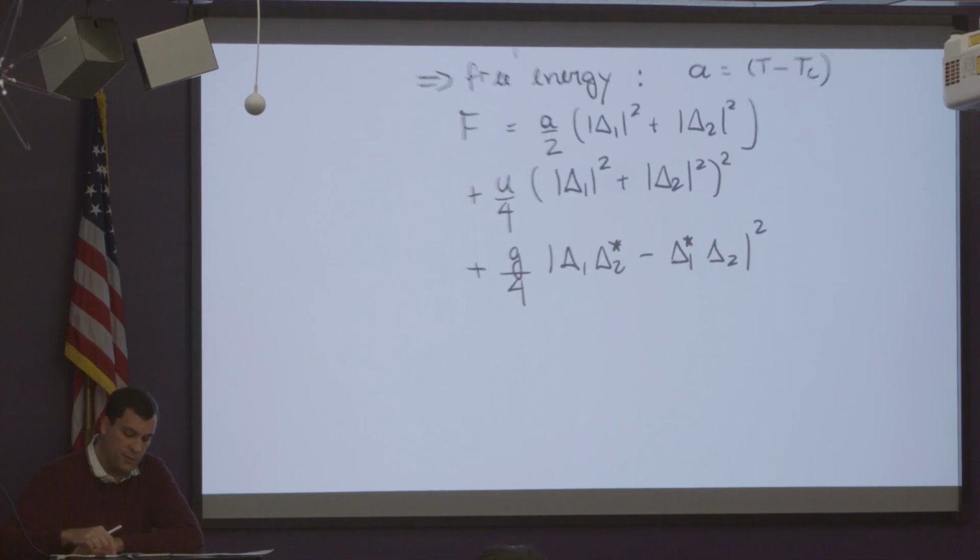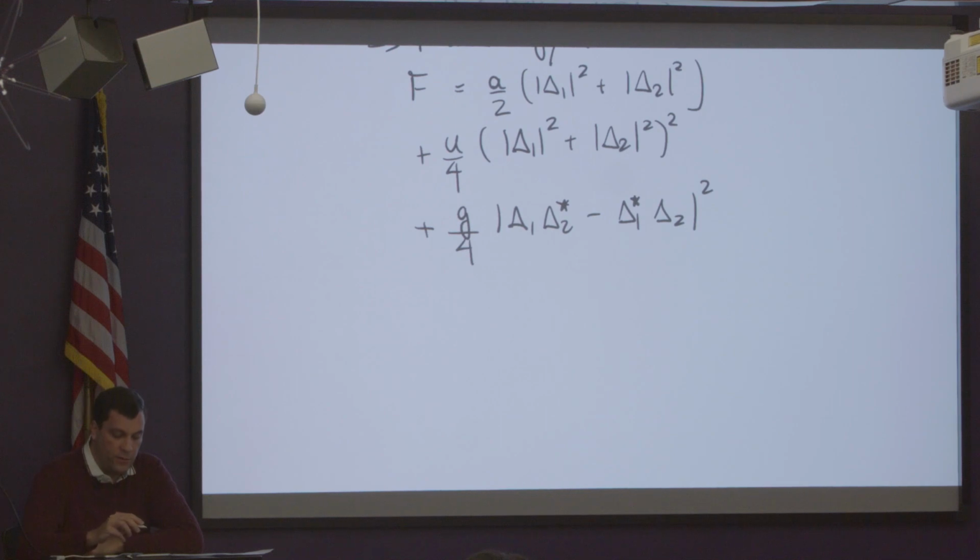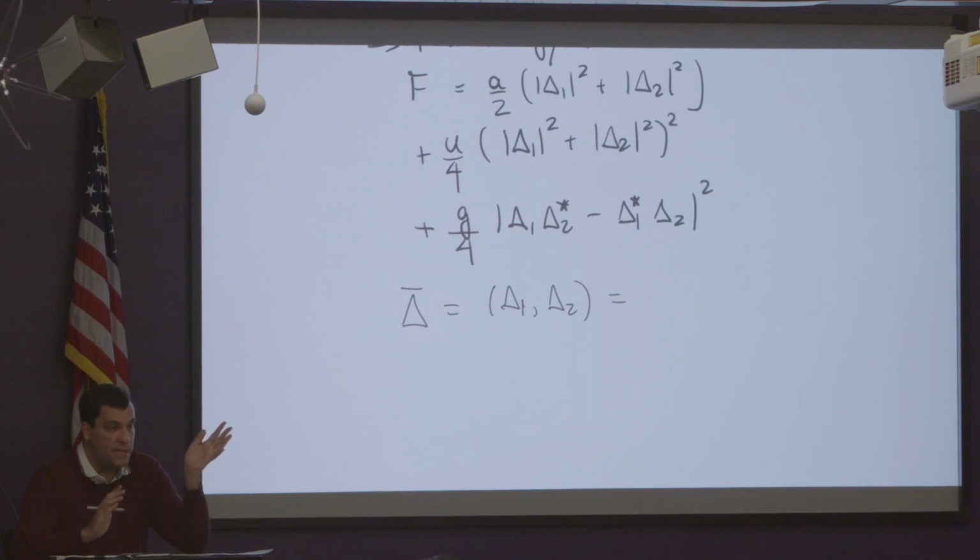And within mean field, all I need to do is minimize this, right? There's a more convenient parameterization of this gap. Instead of writing delta 1, delta 2 in terms of 4 components, I'm going to write it in terms of a global magnitude and a global phase, and a relative magnitude and a relative phase.